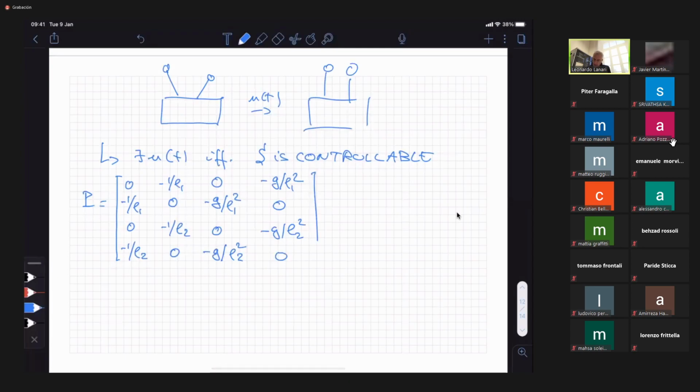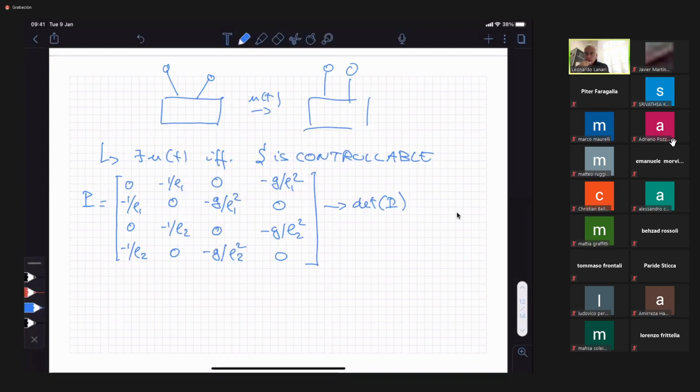Okay, so to see if the system is controllable, we should compute the determinant and see when this determinant is equal to 0. Now, before we give this result, let's try to imagine.